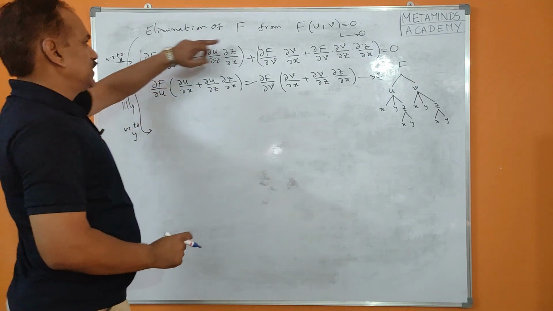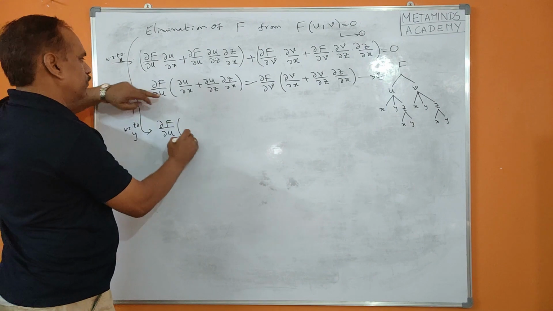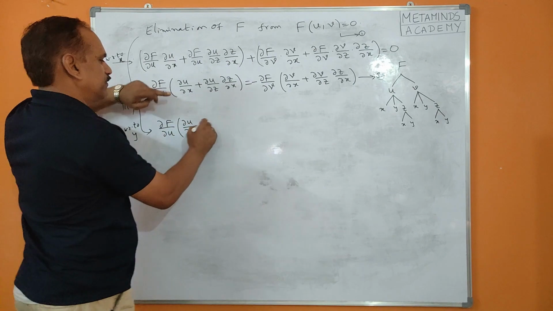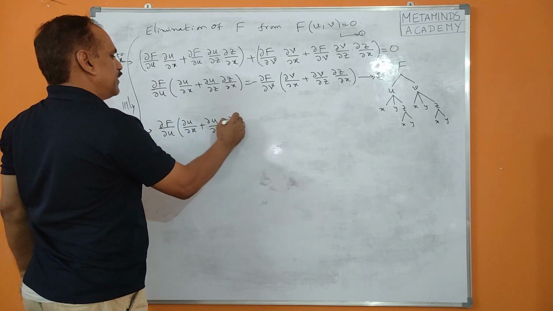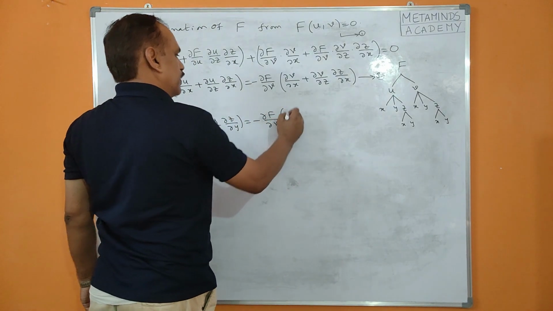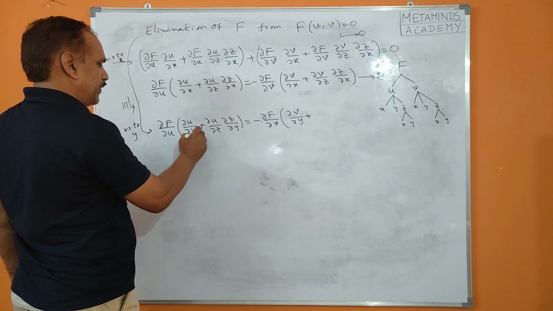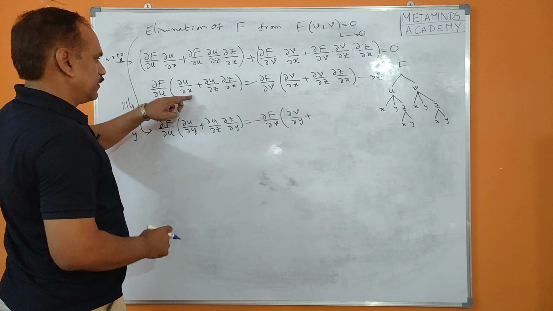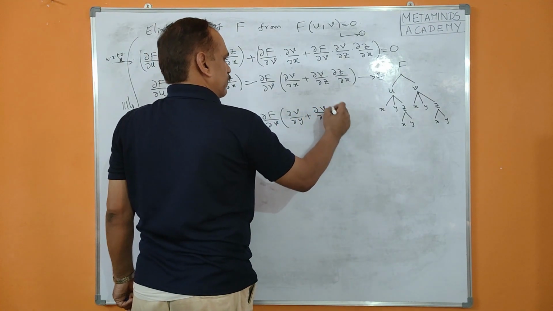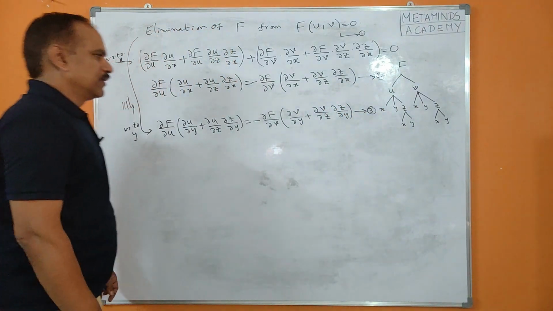Here with respect to y, differentiate on both sides, you will get dou f by dou u into, everywhere you will get y instead of x, dou u by dou y plus dou u by dou z into dou z by dou y, equal to minus dou f by dou v into dou v by dou y plus dou v by dou z into dou z by dou y. Wherever you have x, you will get y. You name it as equation number 3.